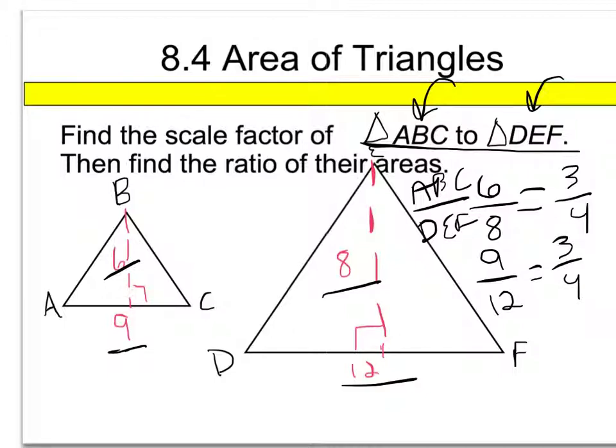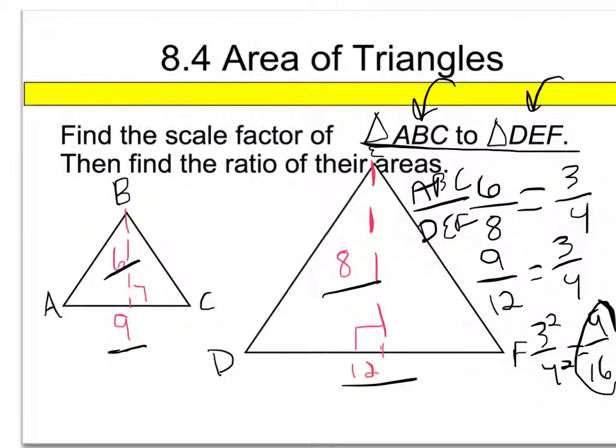Now that I've found the scale factor of ABC to DEF, remember that equation, once you find A over B, the ratio of their areas is A squared over B squared. So for the ratio of their areas, you take 3/4 and square both the top and the bottom, and you come up with 9/16.